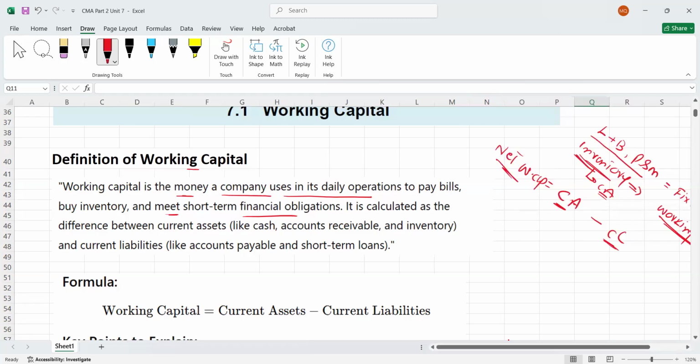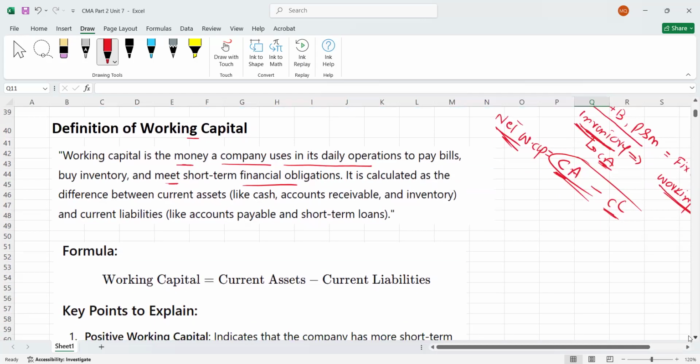In some books it's written that working capital is equal to current assets minus current liabilities. But as I told you, first the investment we make in current assets is your working capital, and when you calculate net working capital, it should be the difference of current assets minus current liabilities. Now the question is, what is included in current assets?